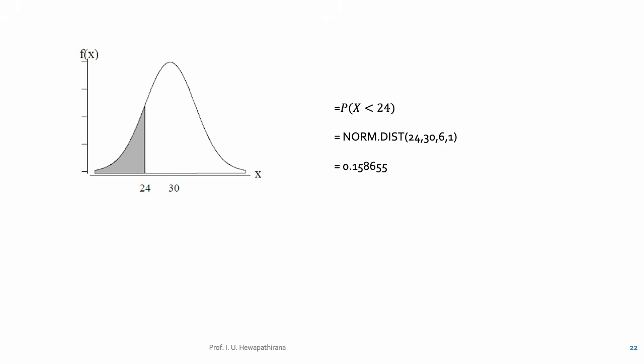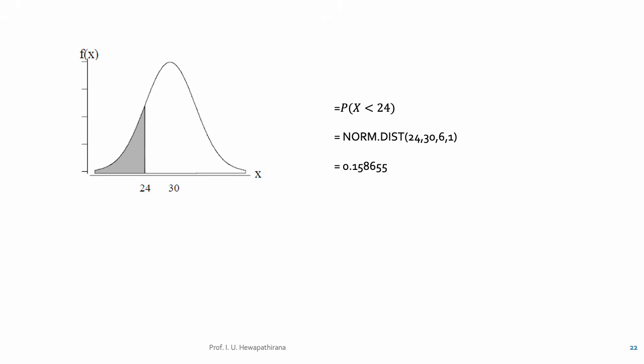So how do we calculate that? We have probability X less than 24. It's basically the area of this curve. So we calculate norm.dist, X equals 24, mean is 30, standard deviation is 6, and cumulative, yes, equals 1.